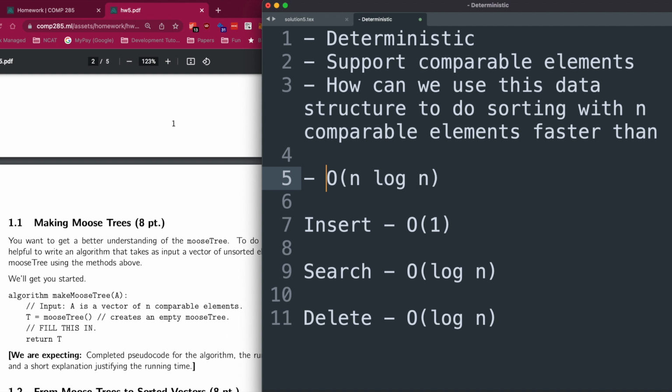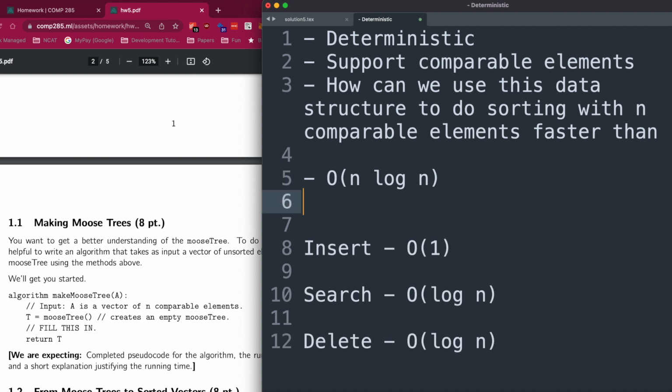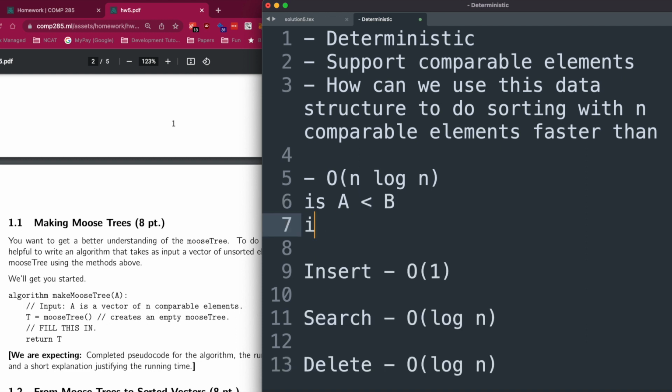Now, if you have an arbitrary collection of elements where the only thing you can ask is whether a is less than b or a is bigger than b, and you don't know what a and b are, you just know that you can compare them, then there is no faster algorithm than merge sort. Merge sort is the fastest algorithm that only relies on comparisons.